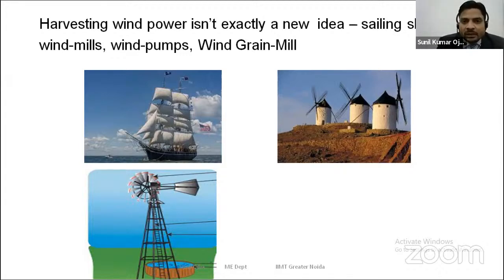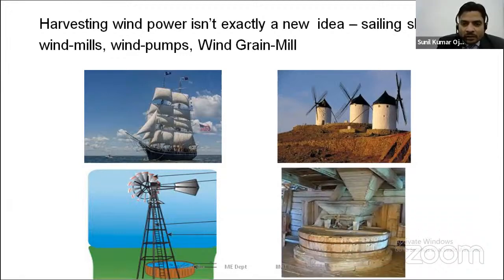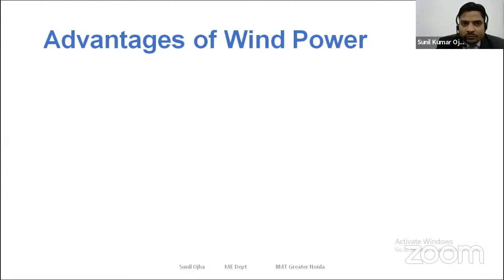There are also grain mills, where we use wind power for grinding the grains. So from ancient times we have been harvesting wind power. Nowadays we utilize wind power mostly for generating electricity.